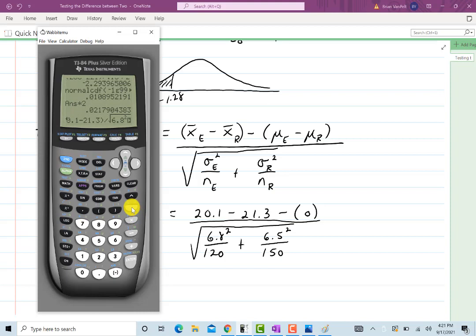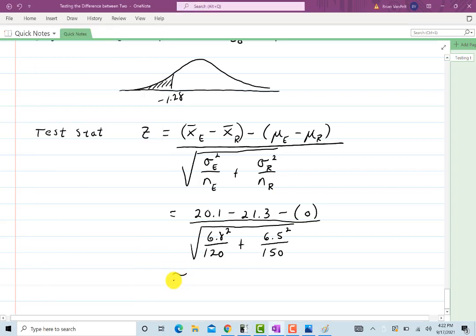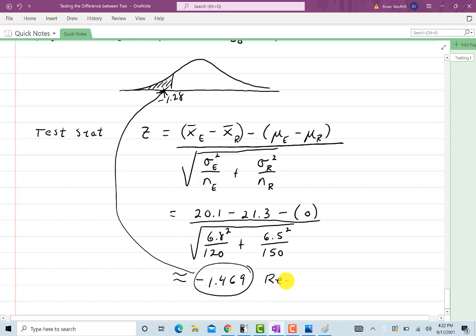I don't need to have extra parentheses in the denominator. I get negative 1.469. Let's see, that is most definitely in the rejection region. Right there it is. So we reject H sub 0.